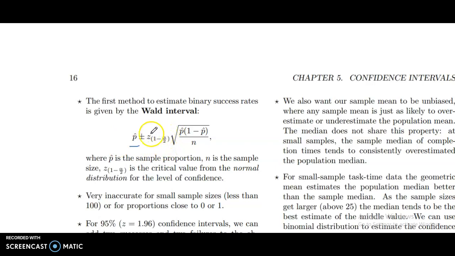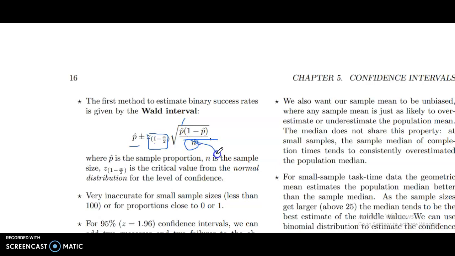After getting the sample proportion, we subtract it from one, multiply it by the sample proportion, then divide by n, the sample size.